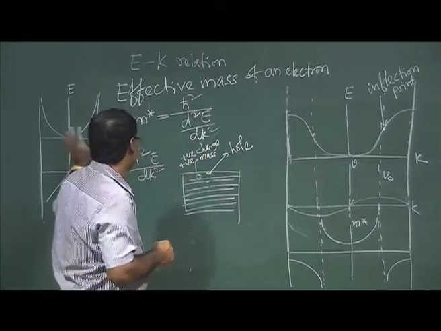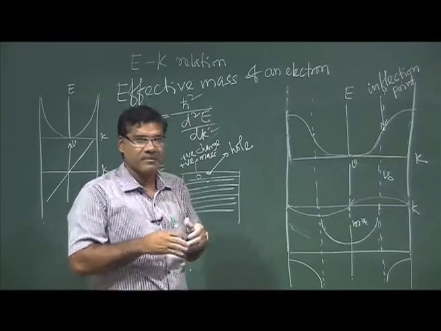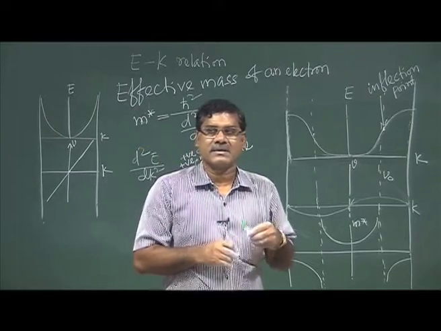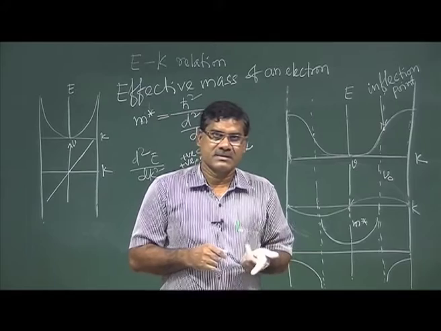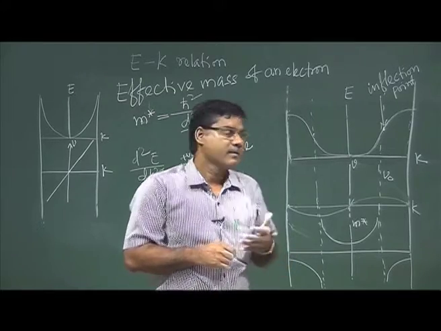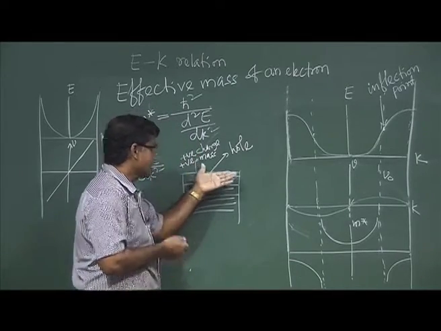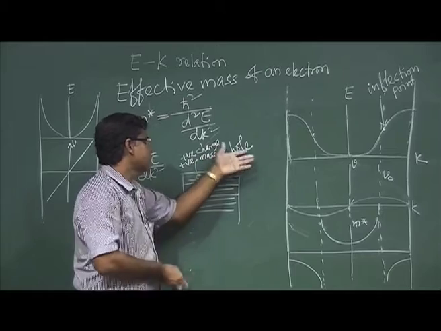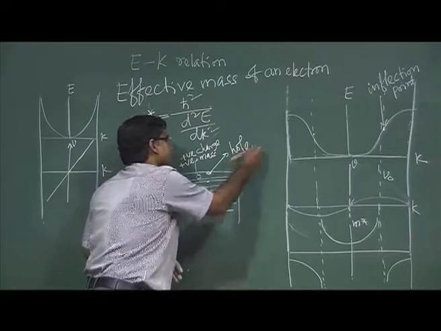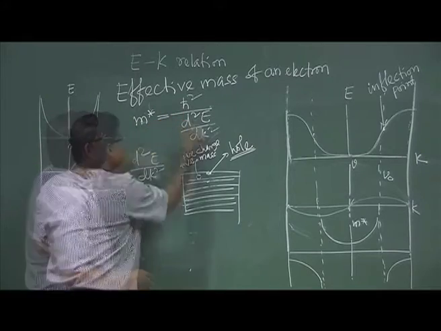One can explain the bands and the electrical properties of different materials, whether it is an insulator, a semiconductor, or a metal. It also gives hints of the concept of the hole, right. And this effective mass, m star.